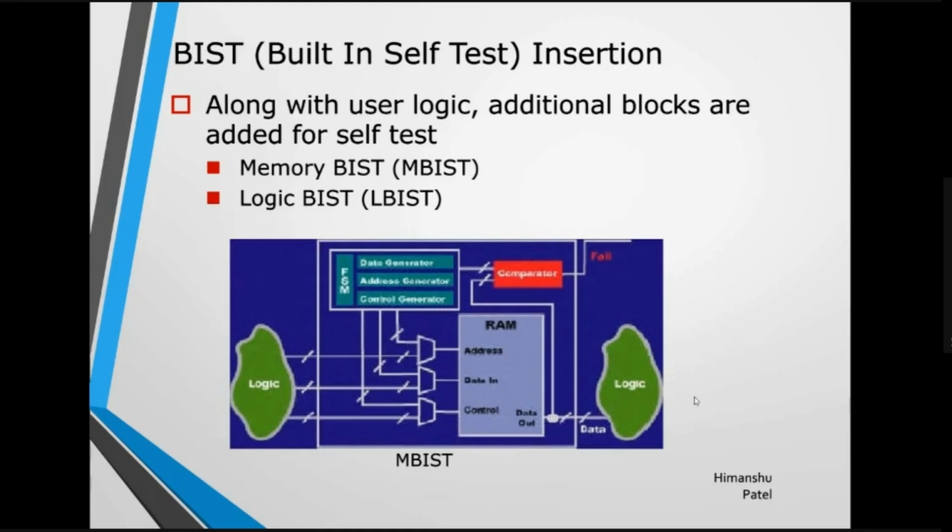So all the combinational logic gates and sequential logic gates come under logic-based. That means logic, we call it logic. Other than this, the other elements that we have are the memory IPs.